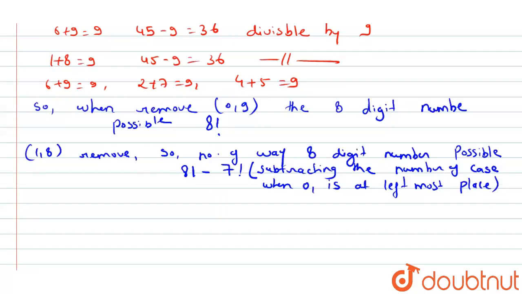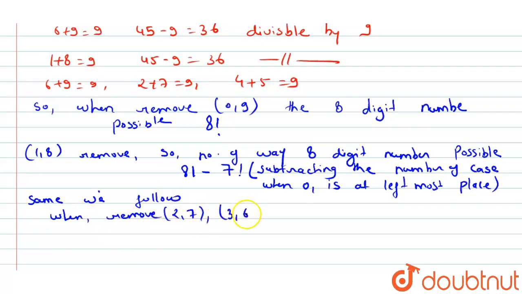Similarly we can remove with the same conditions the pairs 2 and 7, 3 and 6, and 4 and 5.